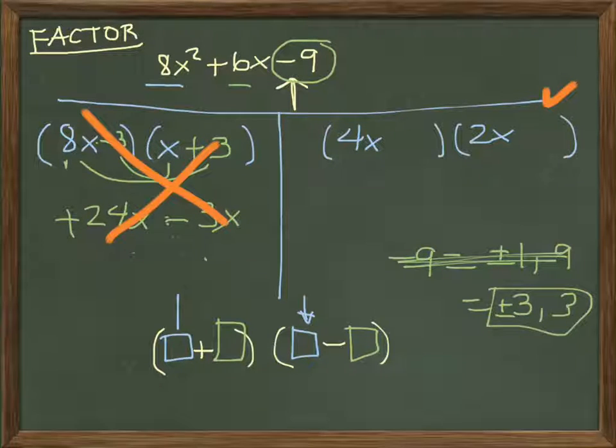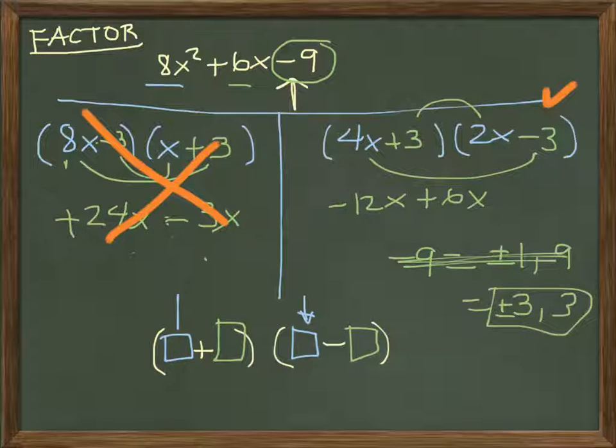So you start trying 3 and negative 3 with the 4x and 2x. Here you only have two options: it's either going to be plus 3 here or minus 3 there, or backwards. If you do it like this, this gives you negative 12x and this gives you 6x. This has the opposite sign of what we want. This gives me a negative 6x, so this doesn't work.